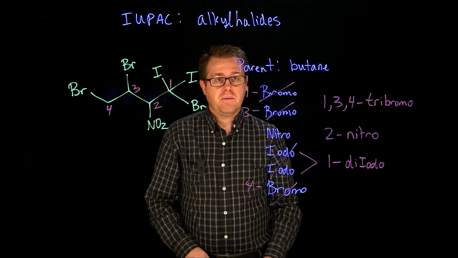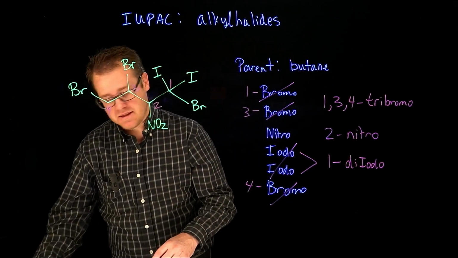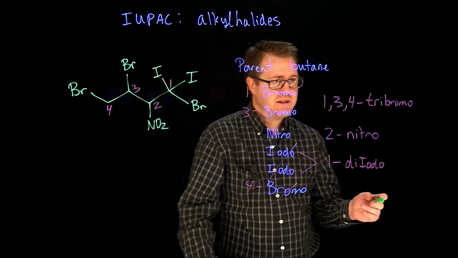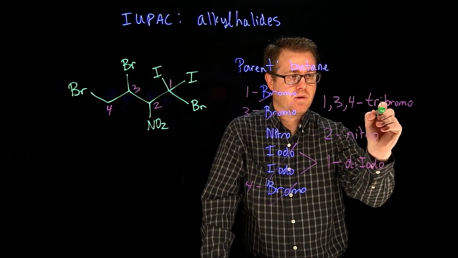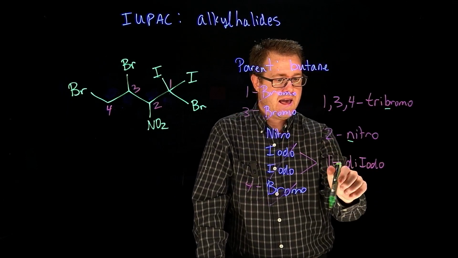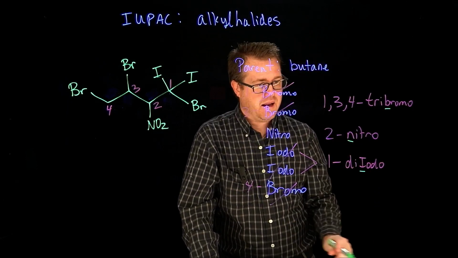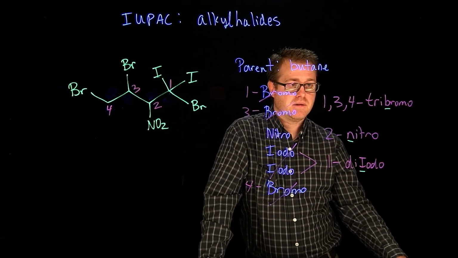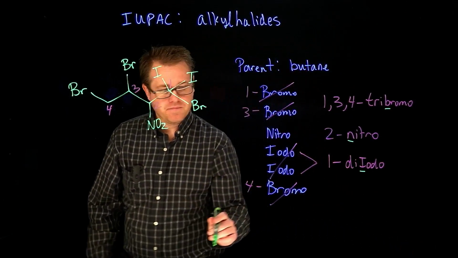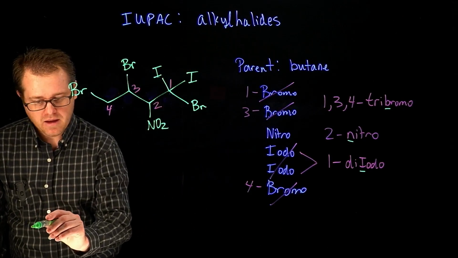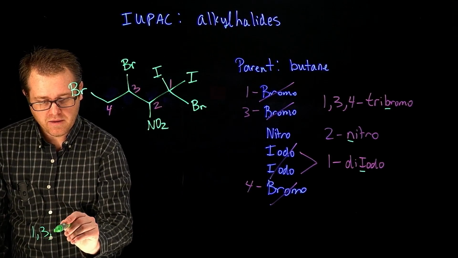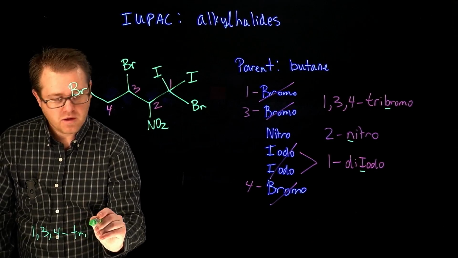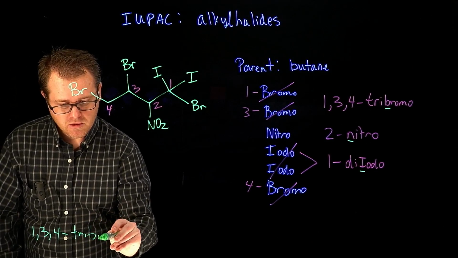Now we have to alphabetize our substituents. Prefixes we ignore, so B, N, and I. B comes before, is the first, so we'll put that down. So we have a 1,3,4-tribromo.